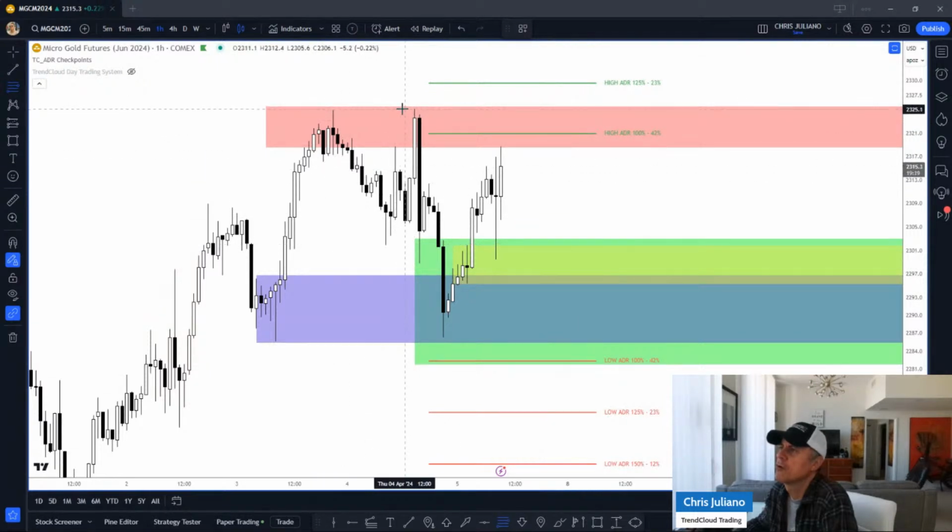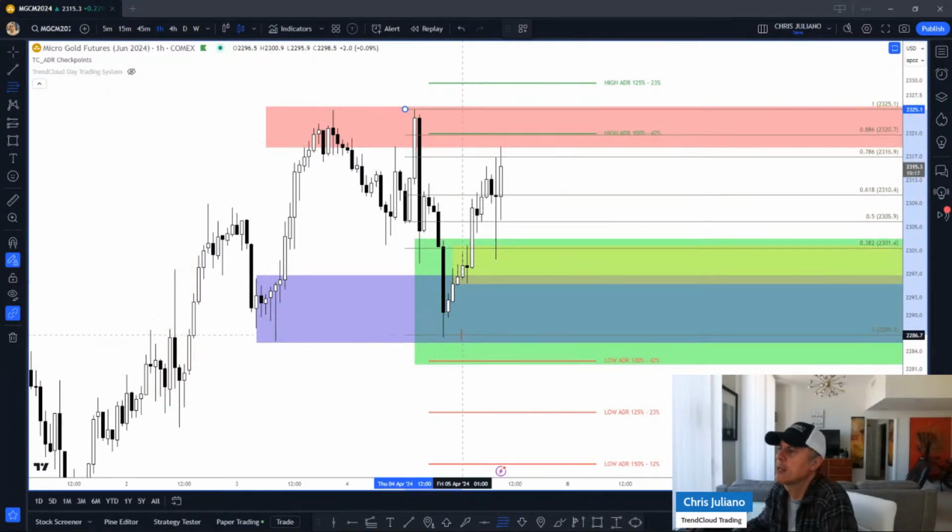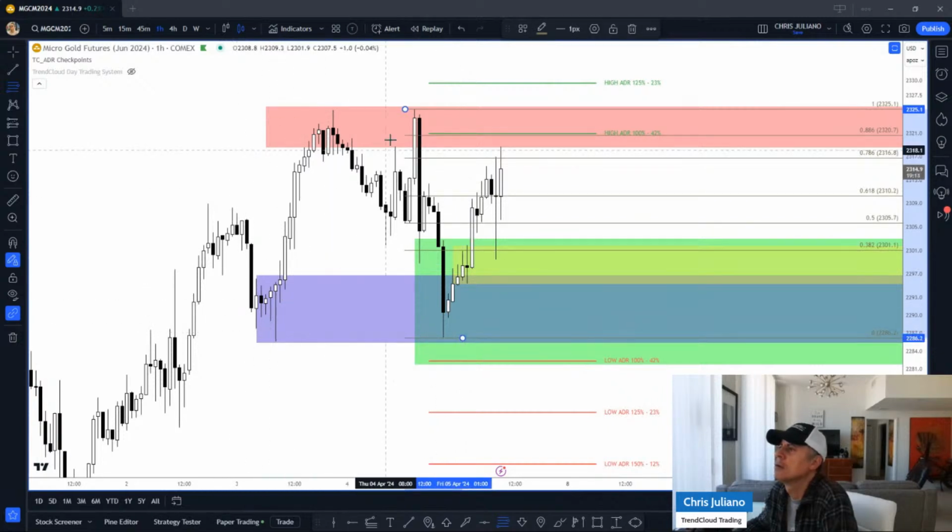Remember this move? Swing high to swing low. Pulls back and hits that. Look at how the 886 retracement level and the ADR checkpoint as well as the market edge is all lined up here.